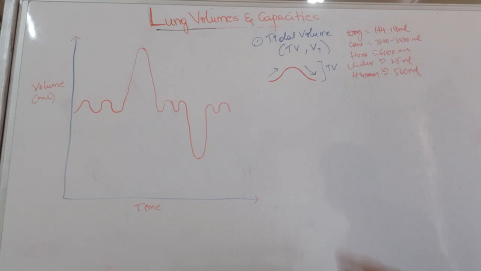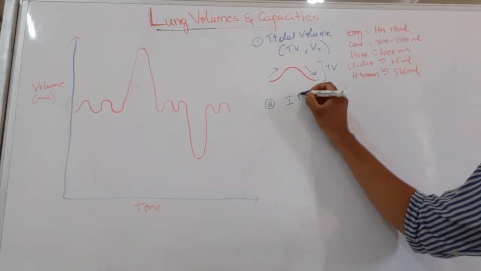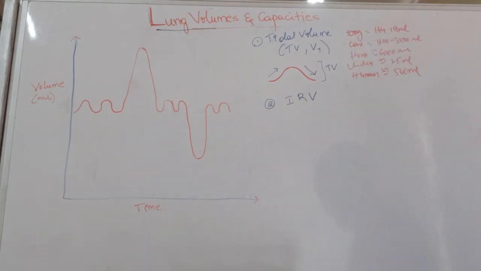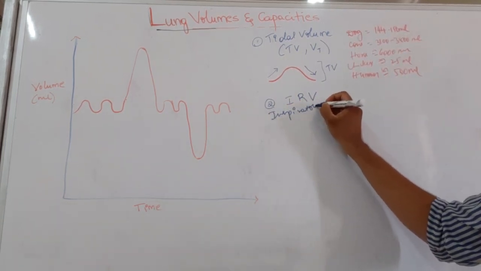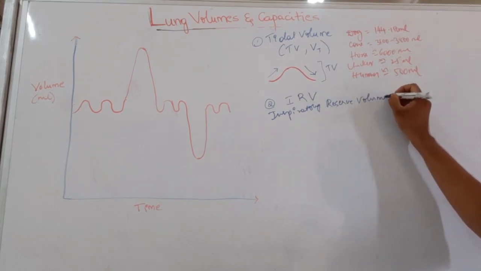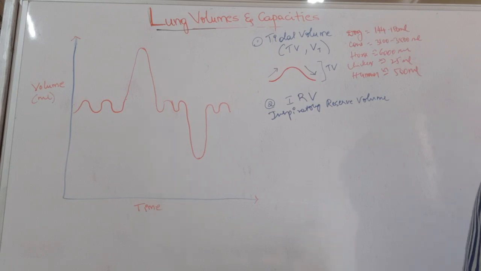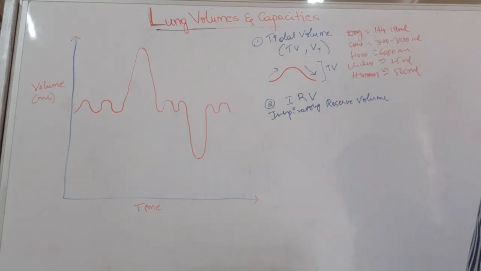The second volume that is described is inspiratory reserve volume. It is a volume of air that is inspired over and above the tidal volume inspiration, an extra amount of air.